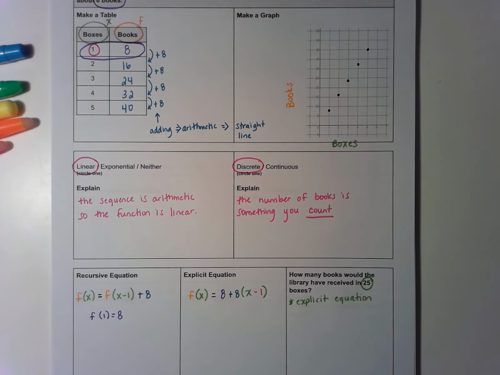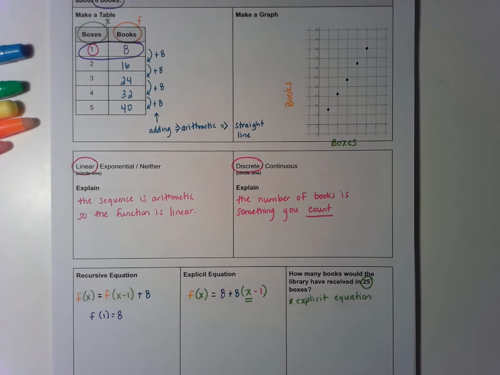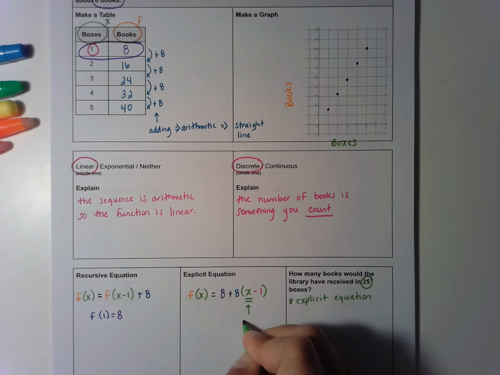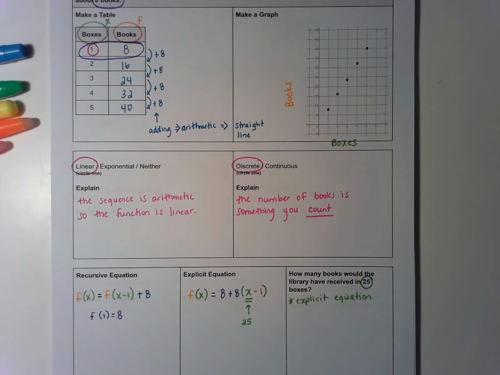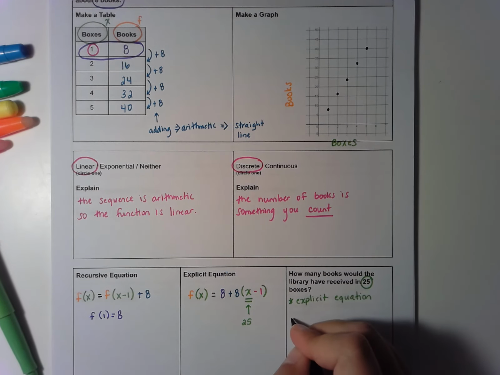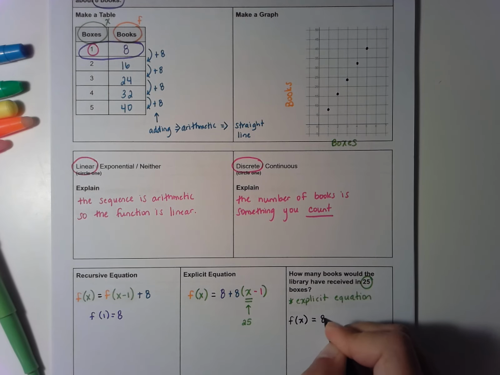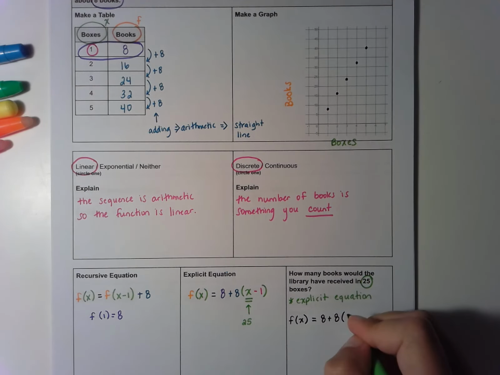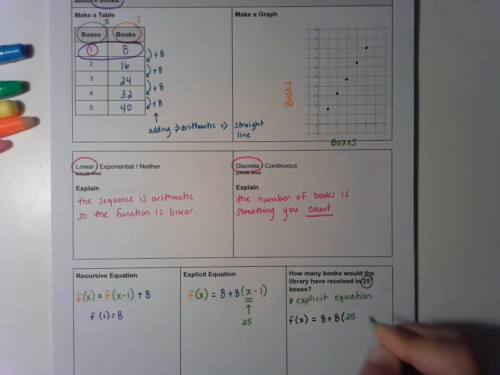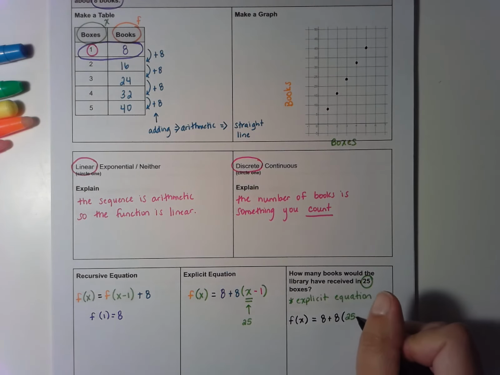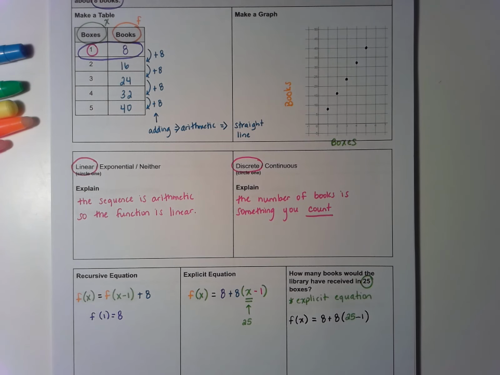So what I'm going to do is take the number 25 and replace the x in the equation with 25. So my new problem will say f of x is equal to 8 plus 8 times 25 minus 1. Now you can use your favorite calculator of choice.